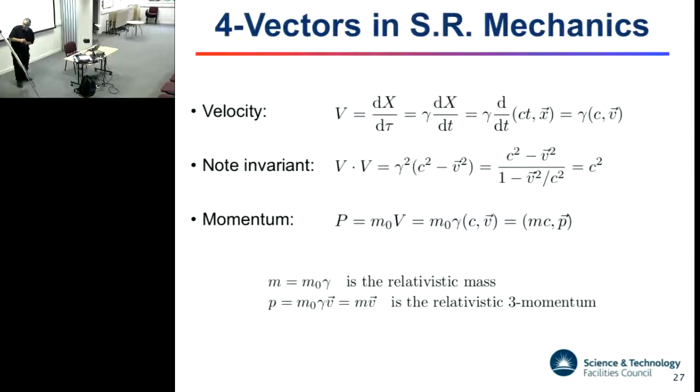So that's the tick marks, not on here, because that would just give me the value c, but on here, which is normally called tau or proper time.